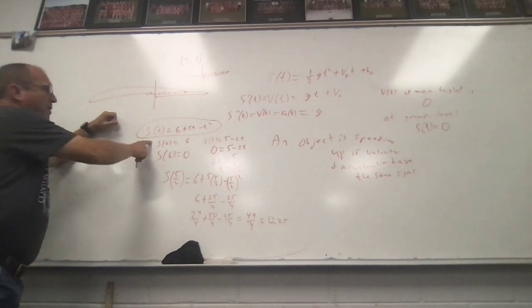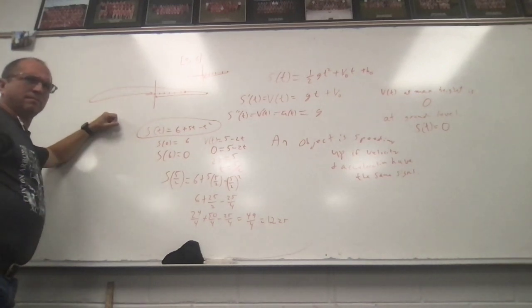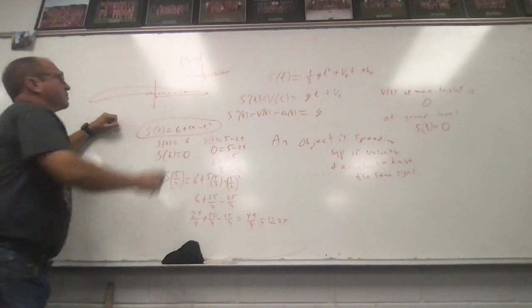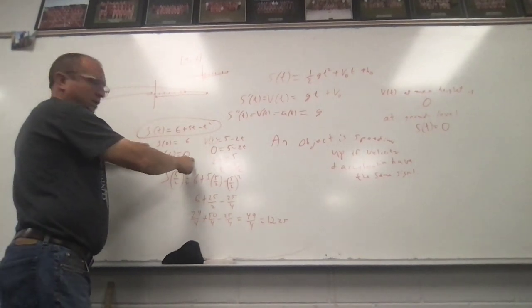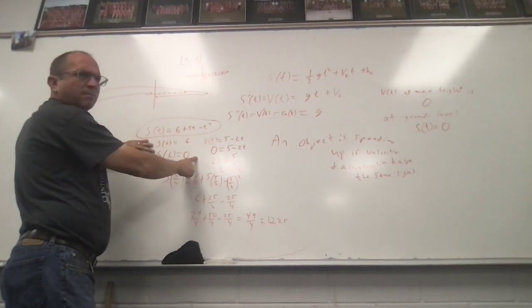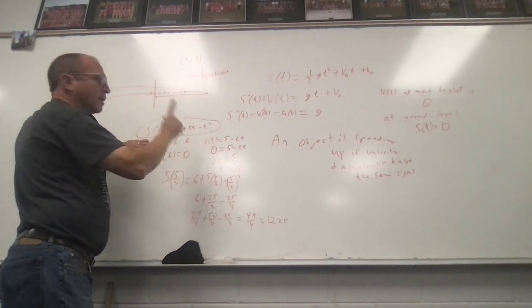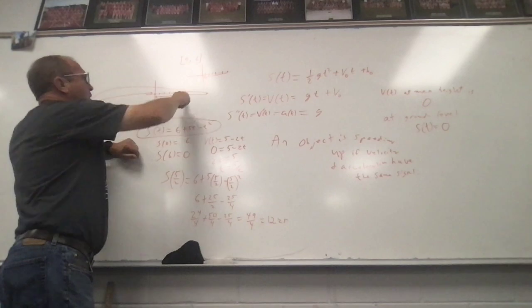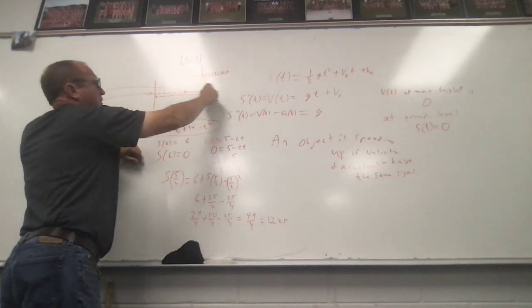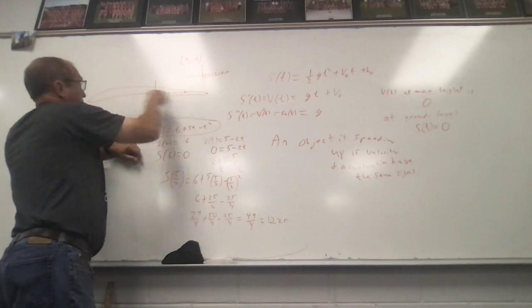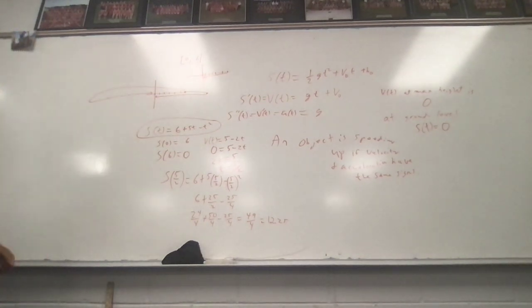So I had to test my two endpoints. My endpoints are 0 and 6. I had to figure out what my position was at those 2 points, because it's possible that those are the answers. Now, the second thing I have to do is say, well, it may not have gone straight back. It may have done something like one of those two things.